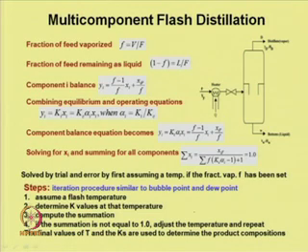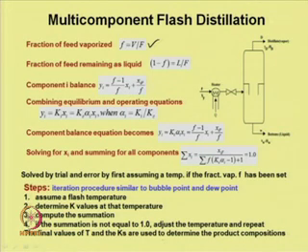If we define the fraction which is vaporized as f, f is V by F, then the fraction of the feed which remains as liquid is 1 minus f, which is L by F. If we do the component balance, y I would be equal to (f minus 1) by f x I plus x I F divided by f.